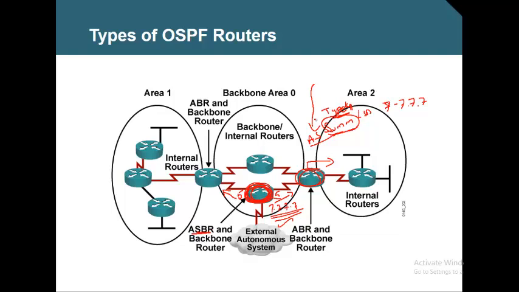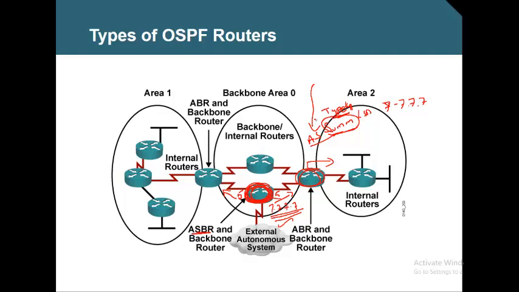I want to repeat this, please understand. Type 4 is simply telling which router is responsible for any outside networks. Who is responsible for outside networks? The ASBR.